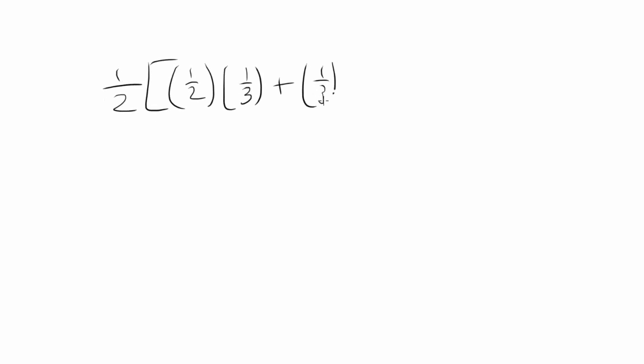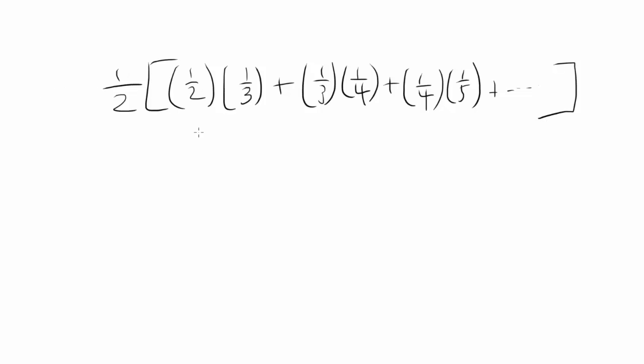So you have 1/2 times, for the first one you have 1/2 times 1/3. For the next one you have 1/3 times 1/4. For the next one you have 1/4 times 1/5. Then you're going to have 1/5 times 1/6 and so on forever. And this thing is what they want us to find. So once we find this, we're done. So how can you simplify this thing inside?